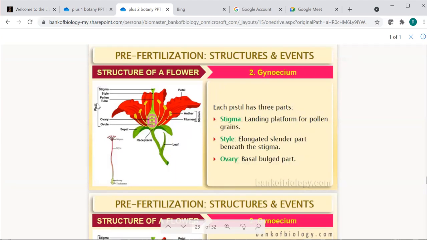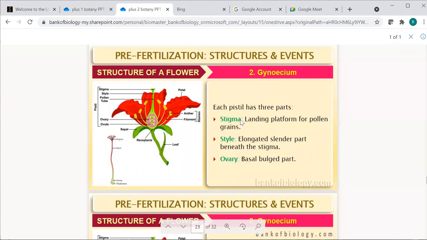You can call it pistil or carpel. This is the stamen and this is the pistil, okay. And this is the leaf, and this is called receptacle. Receptacle is the base of it. This is the green leaf. Immediately below the petal, that is a sepal.